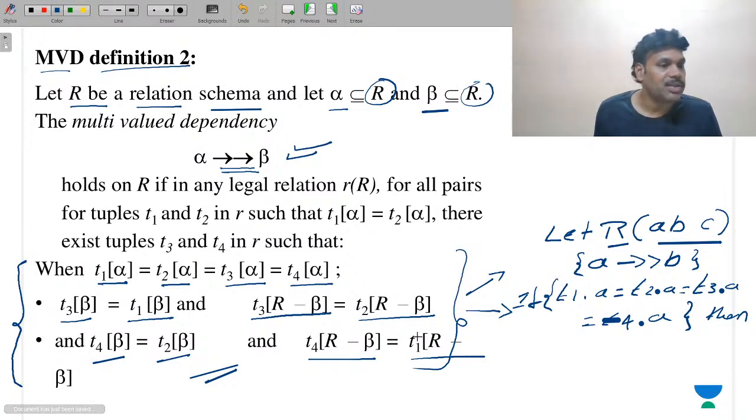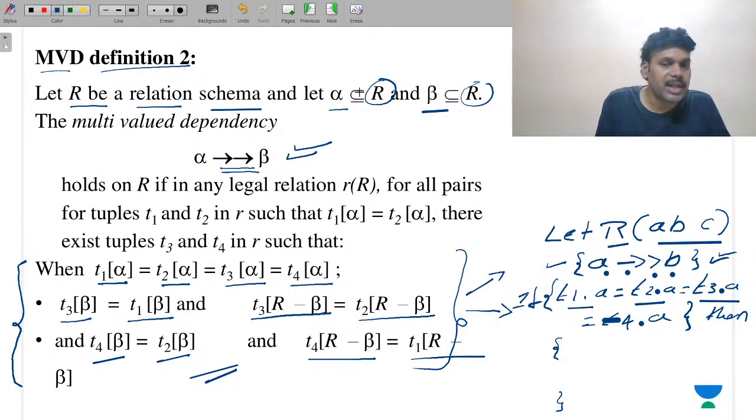So it is very difficult to digest these definitions provided by Henry F. Korth. Now let me simplify it like this. When this condition is satisfied, then you need to check two other conditions to prove that A implies B. When I am talking about A implies B, it is a multi-valued dependency.